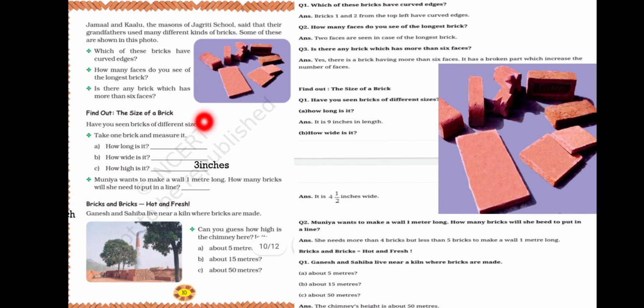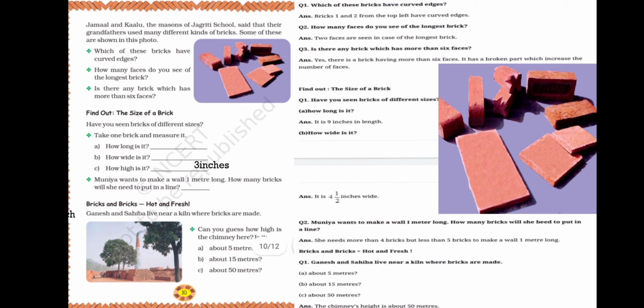Find out the size of a brick. Have you seen bricks of different sizes? Yes, there are different types of bricks, but generally in today's life, masons use the same shape and size of brick. So here some questions are, how long is it? If we take one brick and measure it, we will find that it is 9 inches in length.